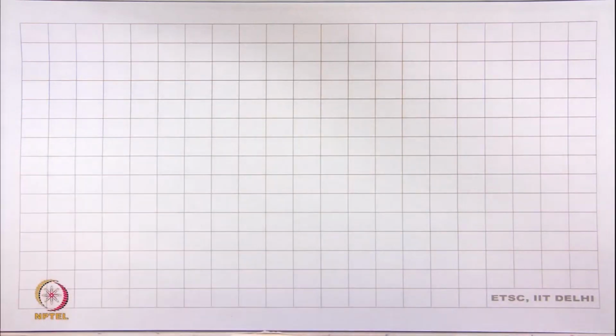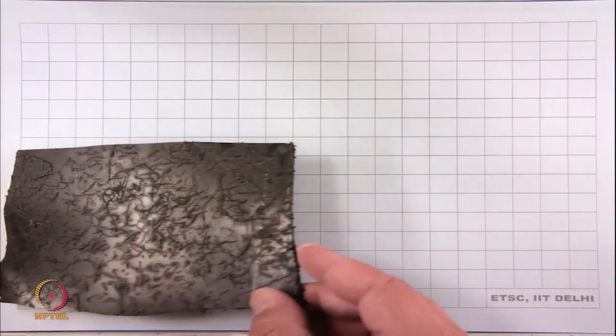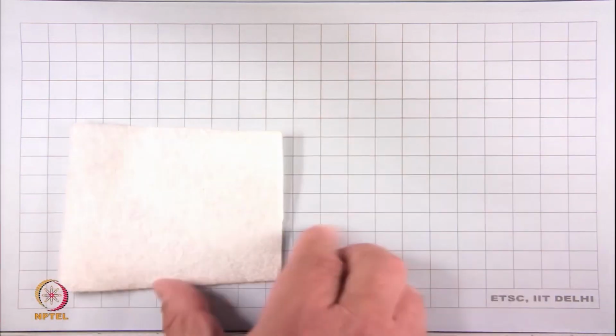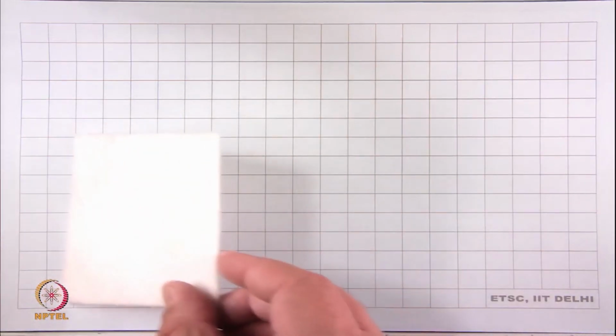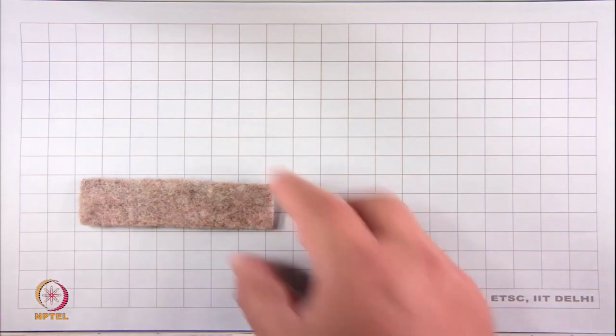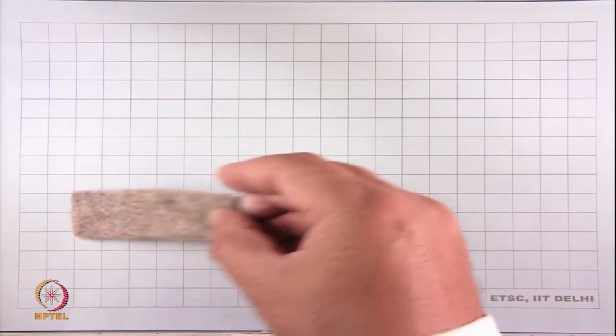And then we talked about a textured geomembrane, and this also had a roughness. And then I talked to you about a geotextile, a blankety material. Well, this is yet another geotextile, probably more like 400 GSM.